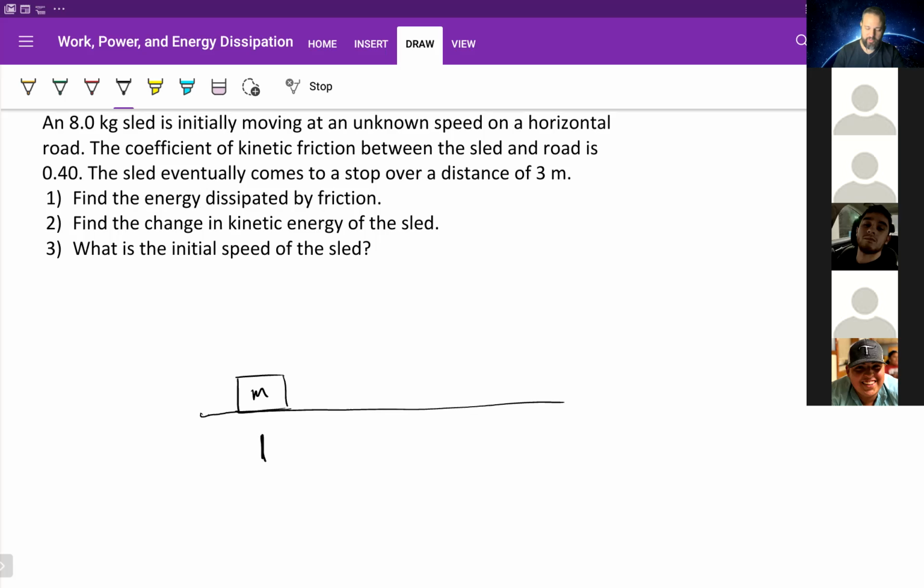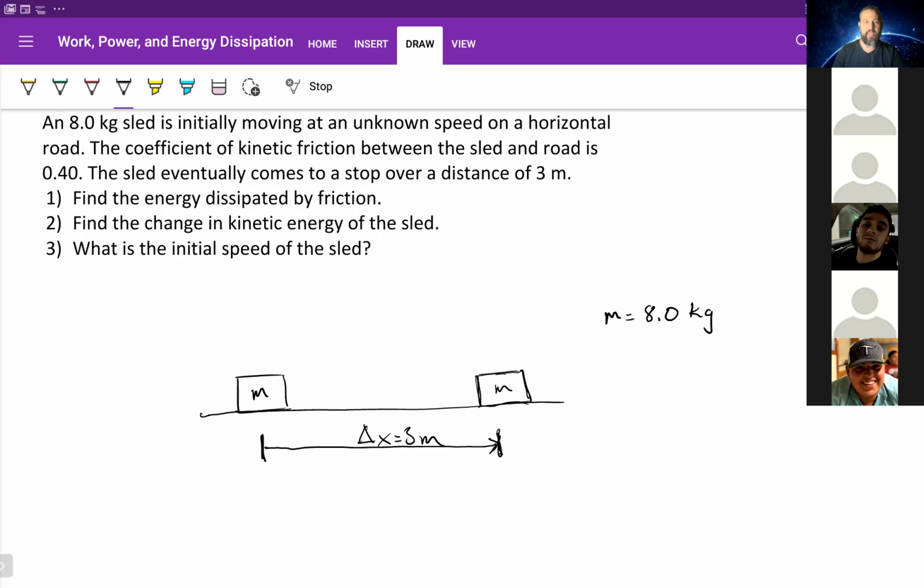So we start here, it's going to move some distance, let's say right here, of a delta x equal to 3 meters. So that's the displacement. We know that the mass of this thing is 8.0 kilograms.